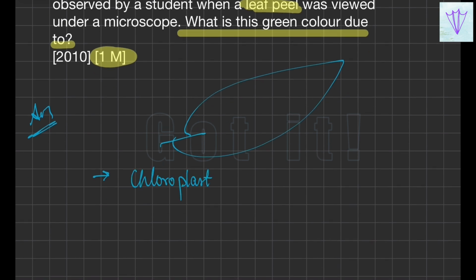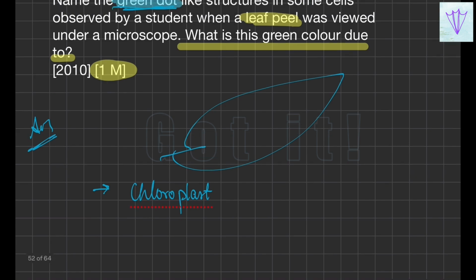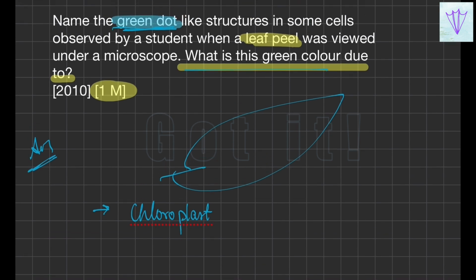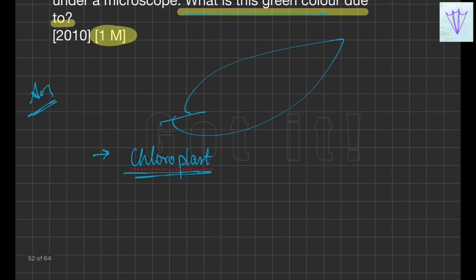chloroplast. Sorted. And the second part is, what is this green color due to? Why is it that we can see it in green color? It is because of the green pigment, which is chlorophyll. Sorted.